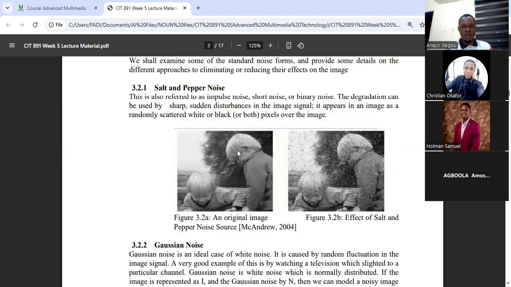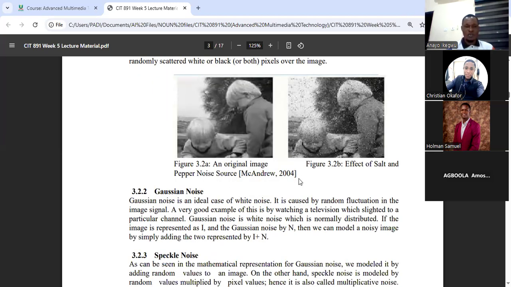Look at the original image here. Do you see it? When those images have been affected, these are the results. So how do you restore it?